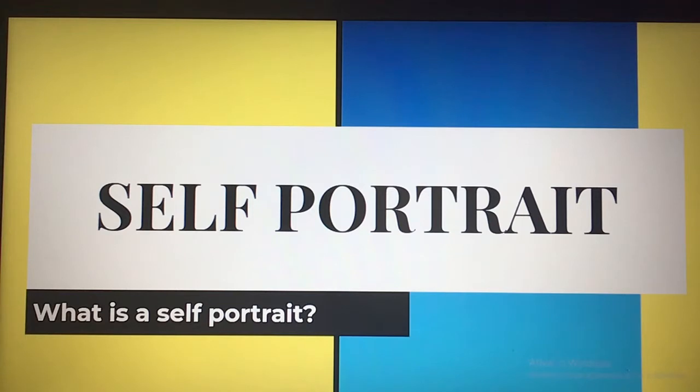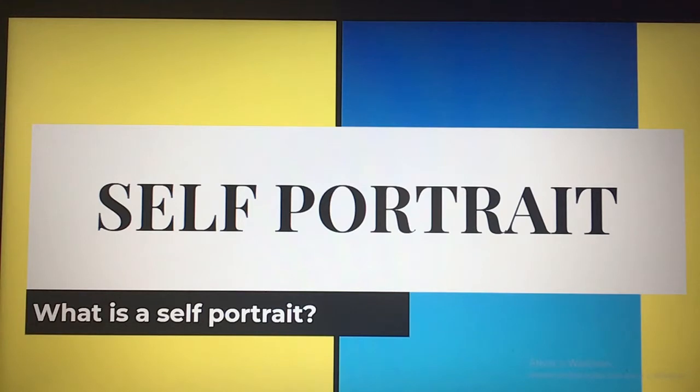But what is a self-portrait? First of all, guys, I want you to pay attention to this word. Essa palavra self, que eu tenho certeza que vocês já viram por aí. Self, a selfie, a foto, selfie, que é o quê?